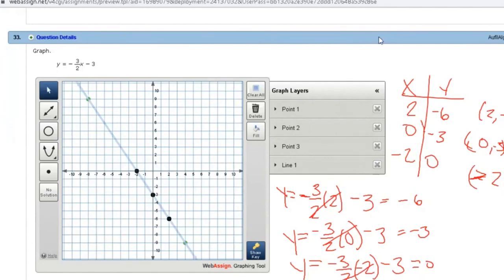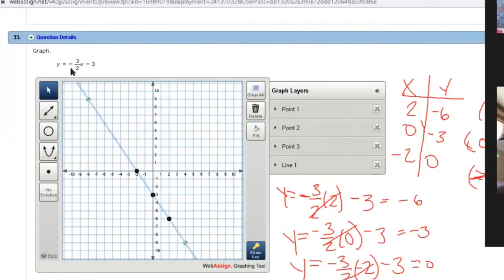Okay, what's another way that we could graph this? It's already in slope-intercept form, so we can use what we know about slope-intercept form to graph it. So -3 would be our y-intercept, so we'll just plot a point at -3, and then our slope is -3/2. So from our point, we'll go down 1, 2, 3, and to the right 2 to find another point.